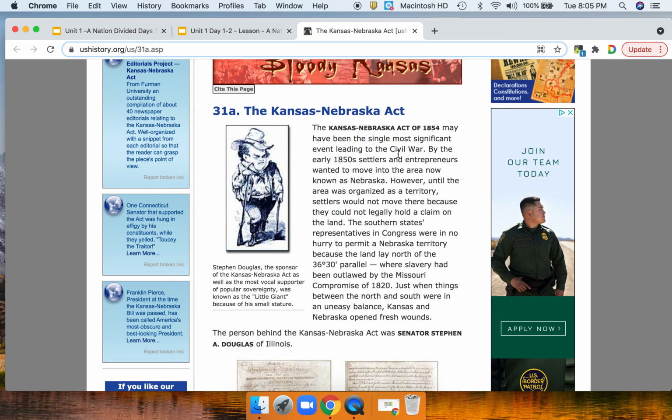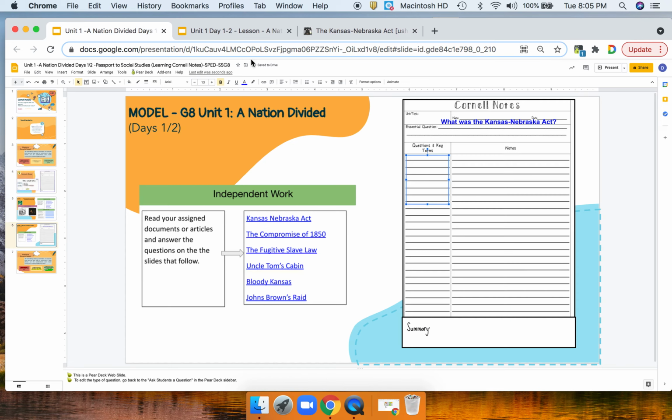So I'm going to look at any key terms. I see the term Civil War. I see the term territory. I see slavery. And these are all terms that I want to indicate on my key terms column right here.